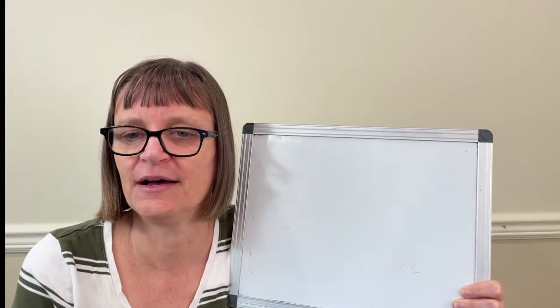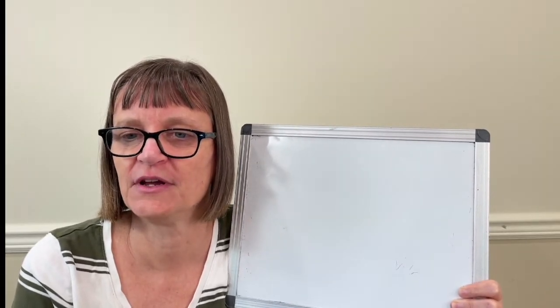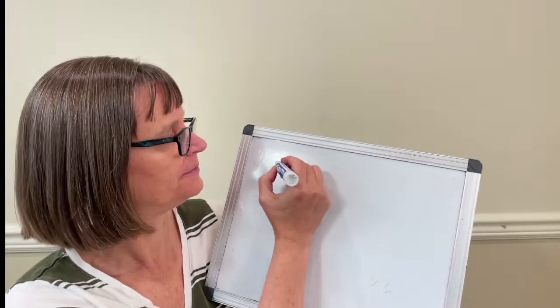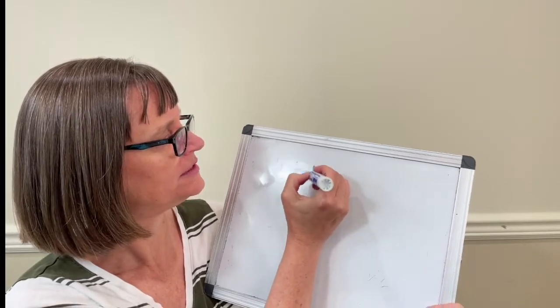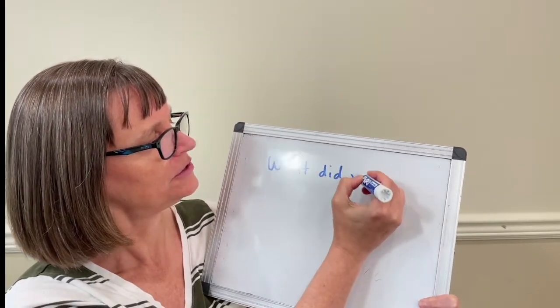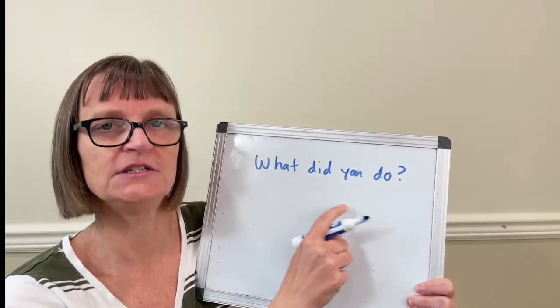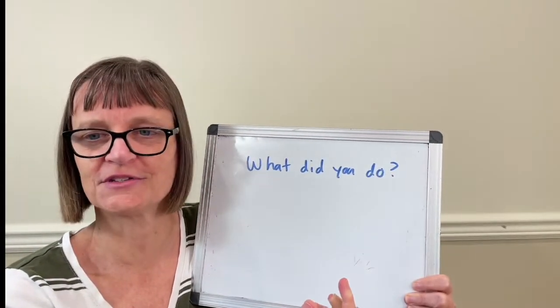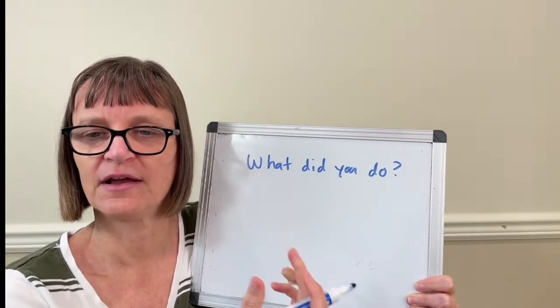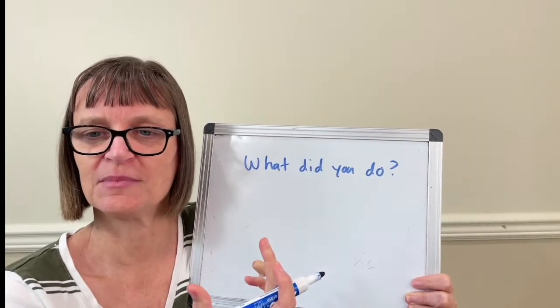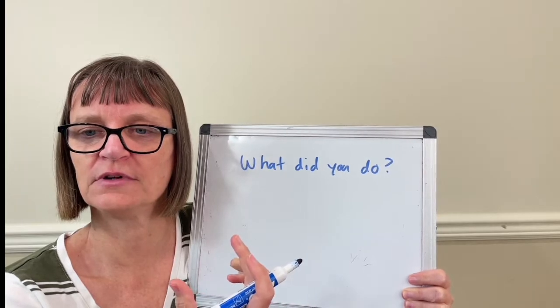Okay, we have a question about the phrase, what did you do? What did you do? So if I say that word by word, what did you do? You can hear how it doesn't sound fluent. The viewer's question is, can it be pronounced like, what do you do?